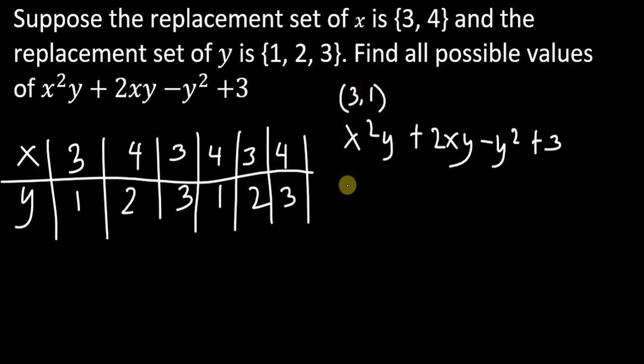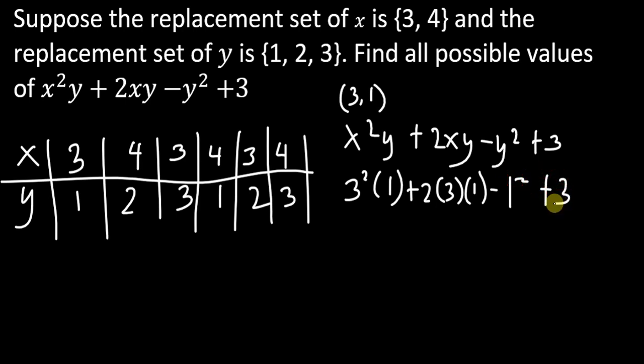So, substitute lang natin. So, that is 3 square times y is 1 plus 2 times 3 times 1 minus 1 square plus 3.